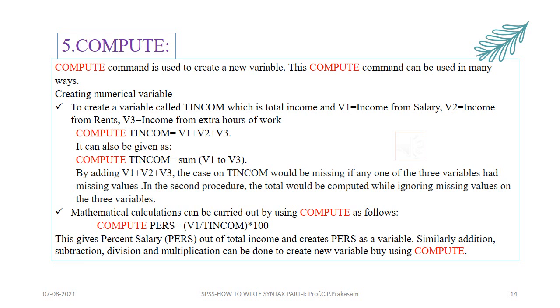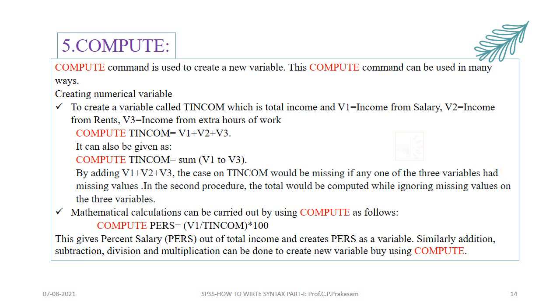Therefore, compute is the command: TINCOM, the target variable, equals V1 plus V2 plus V3 and dot. This will give the sum of all the 3. It can also be done by using another command, that is sum: compute TINCOM equals sum V1 to V3.